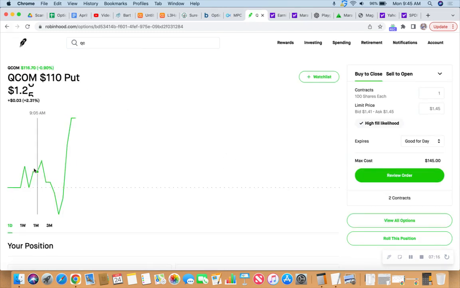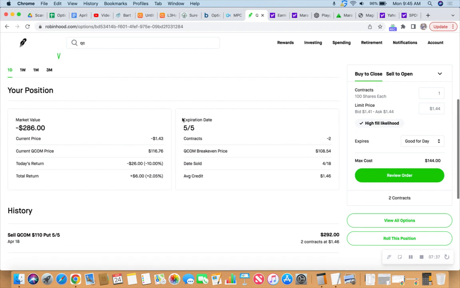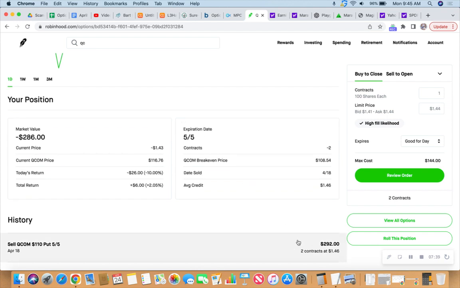So here is the value of the put, or the cost to buy it closed. You can see because Qualcomm is down today nearly 1%. So it must have opened into the green and then went into the red as a stock, which then takes my value or the cost to close up dramatically. So it'd be around $145 to close it, but we collected 292.